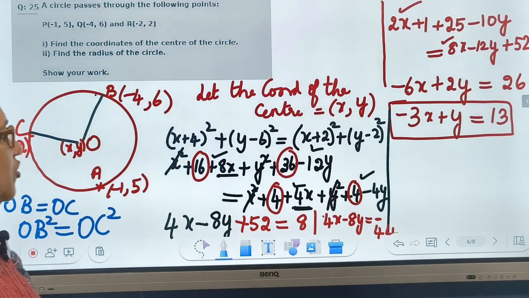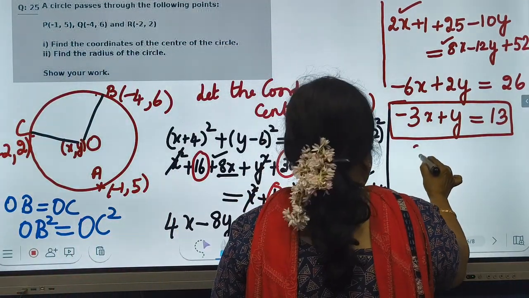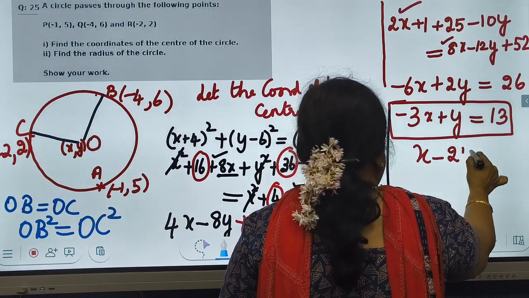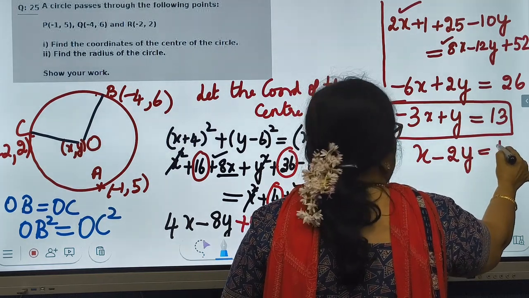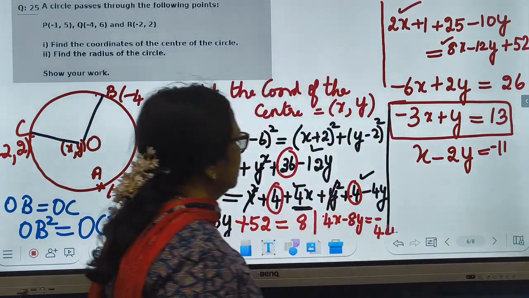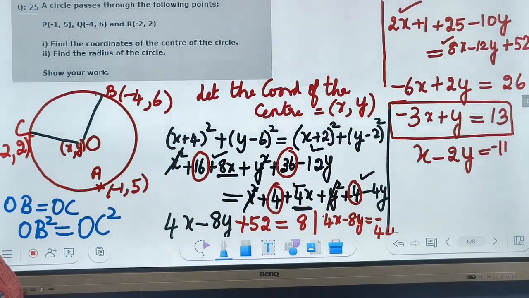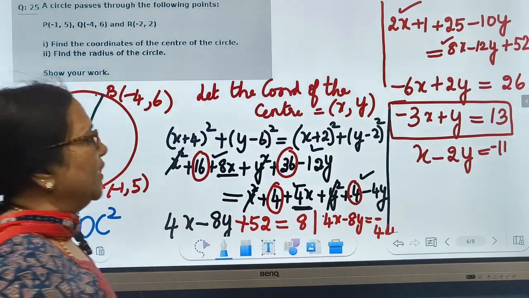Okay, it's minus 44. Now divide by 4, I will get x minus 2y equal to minus 11. Minus 44, so I divided by 4. So x minus 2y equal to minus 11.